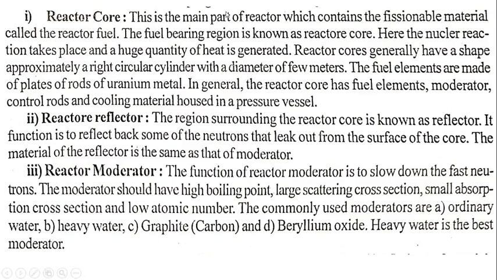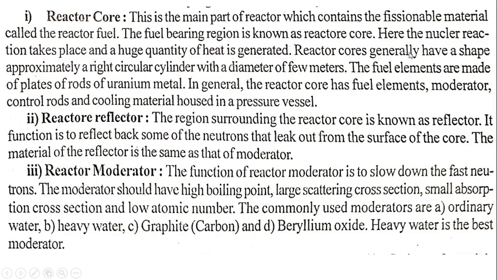This is the main part of the reactor which contains the fissionable material called the reactor fuel. The fuel bearing region is known as the reactor core. Here the nuclear reaction takes place and a huge quantity of heat is generated.